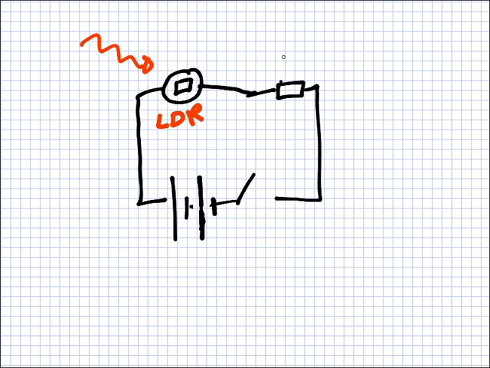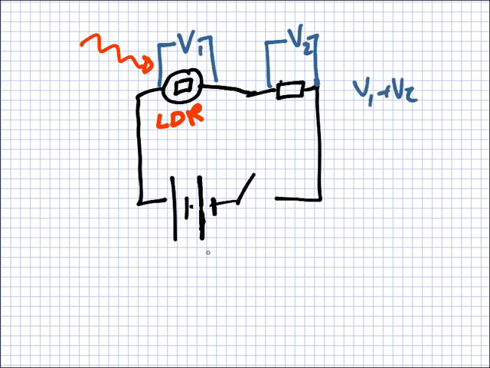They say, put the voltmeter somewhere so that the voltage increases as the light level increases. So more light means more voltage. You could have your voltmeter here, or here. We'll call that V1 and that V2.